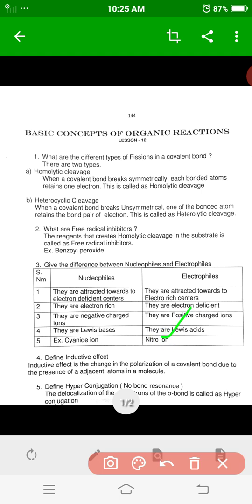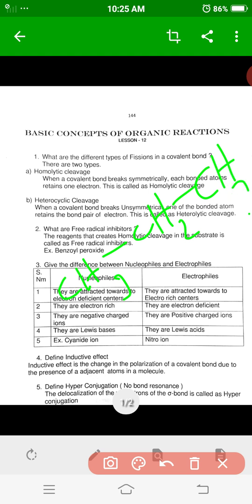Next, students, inductive effect. The inductive effect is the change in polarization of a covalent bond. Example, propene, CH2 CH3: the polarization is at the point of the covalent bond.